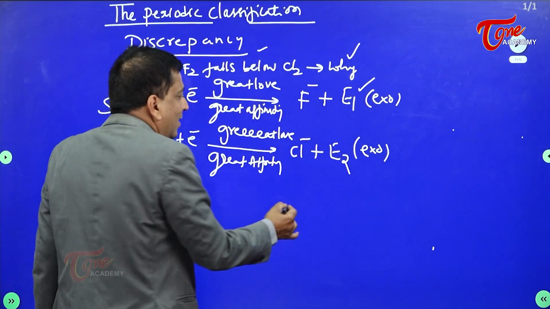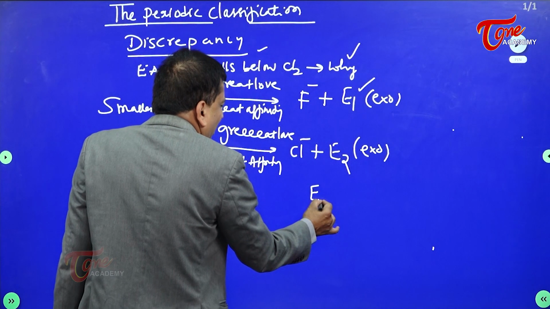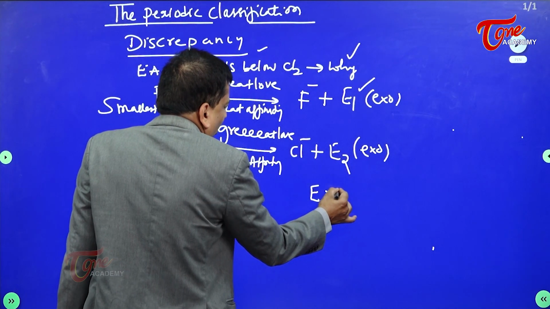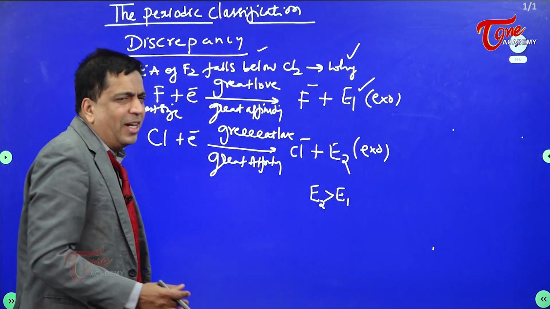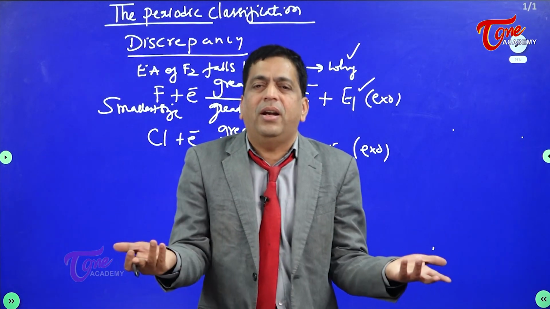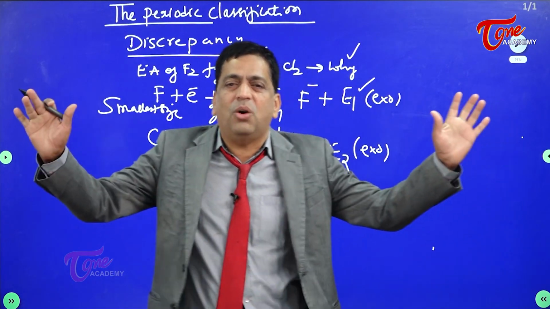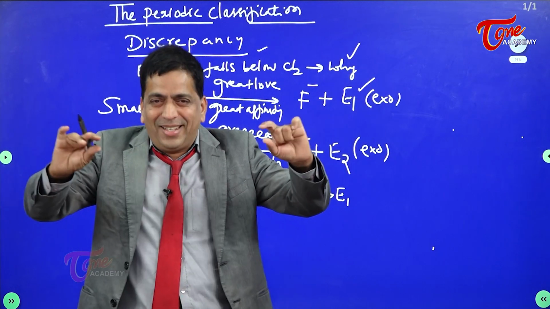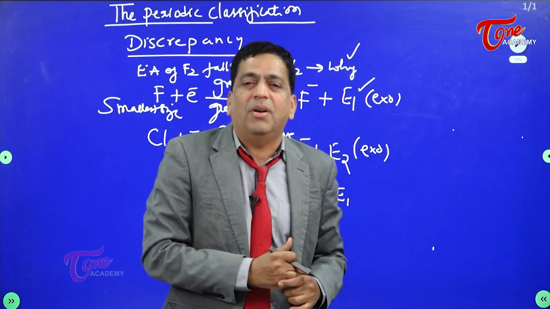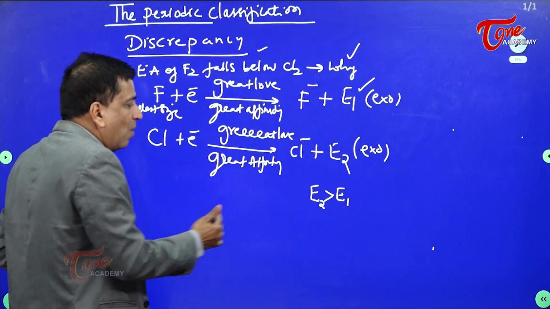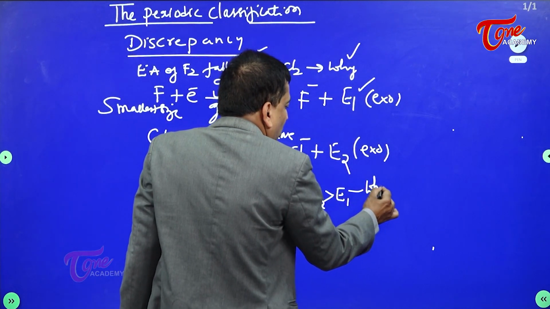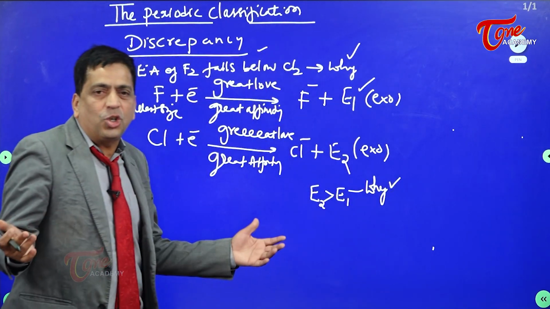But E2 seems to be slightly greater than E1. I don't say E2 is greater than E1 by a lot, absolutely not. Just slightly greater. And why such a thing?